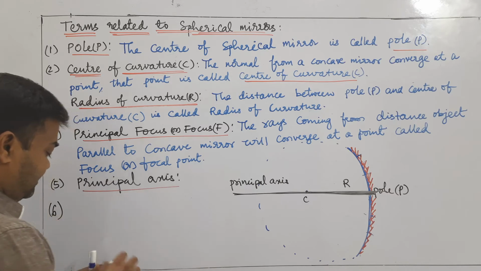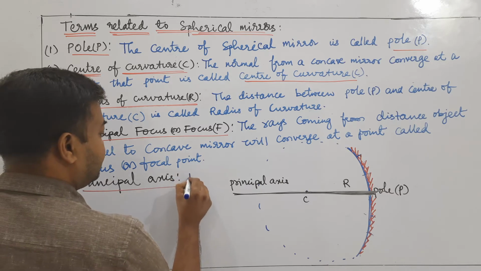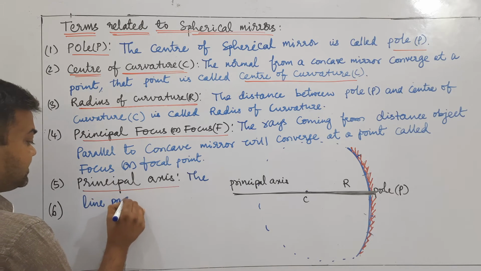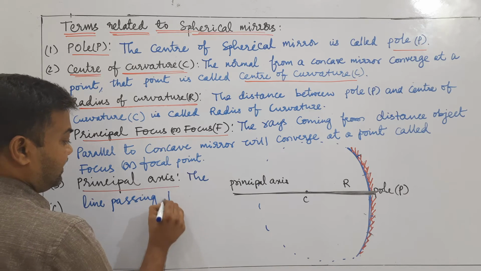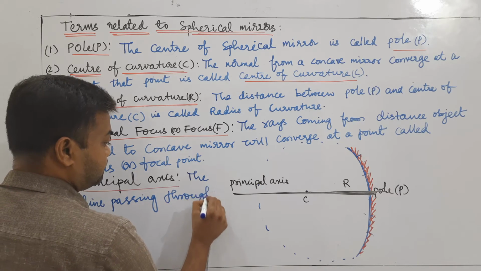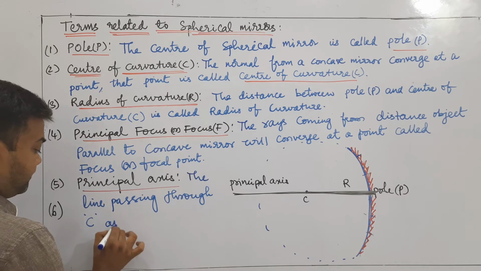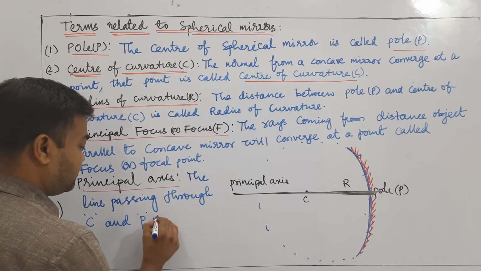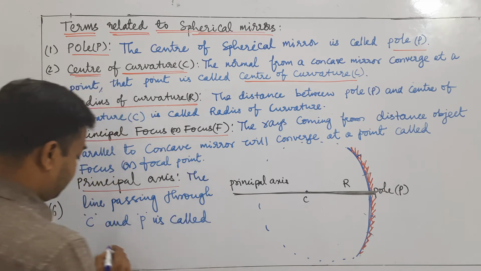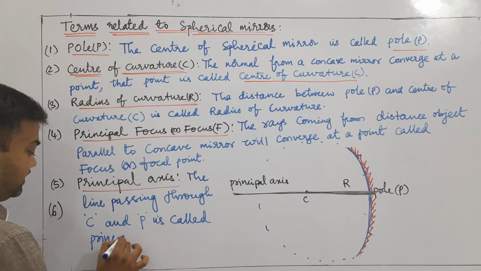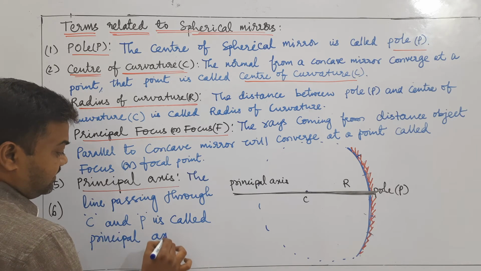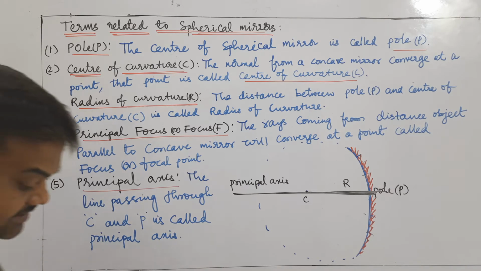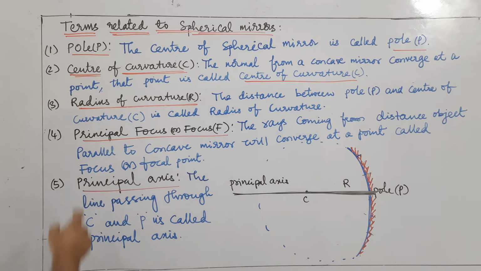The line passing through C and P is called principal axis. Okay, we will write principal axis. Okay, this is what we have. What is the next one?